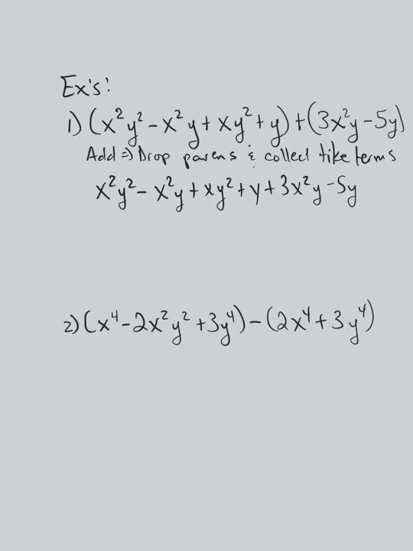Now the way I do this, it's up to you how you want to do it, but what I do is I take that first term, the x squared y squared, and then I look through my polynomial and see if there's any like terms for that. To be a like term, it has to explicitly have x squared y squared in it, but there's not one, so that doesn't have any like terms. So now I go to the next term in my polynomial, and sometimes it helps to scratch out what you've already worked with, to make sure to cover everything.